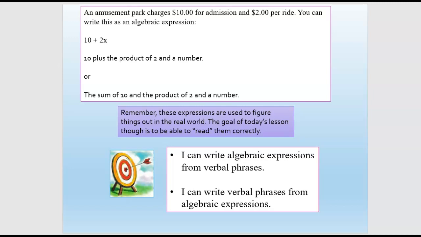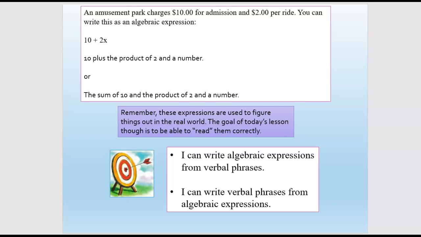All right, so this page is just a reminder that these expressions, we could use them to figure out things in the real world, like the amusement park example. But really, the focus of today's lesson is not to try to solve for x. It's just to be able to read them out loud, or if you hear them read out loud, could you copy it down on your paper?